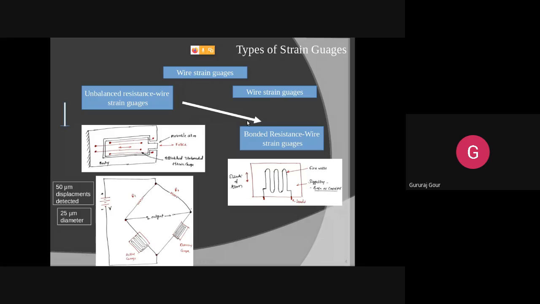Another category under this is the bonded resistance wire strain gauges. Here also you can see its main feature in the figure. This is called bonded because you can see the entire structure of this strain gauge wire is embedded in one single body structure.